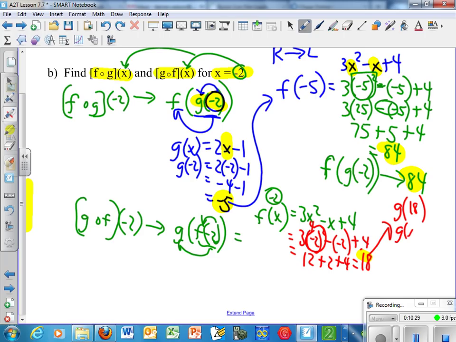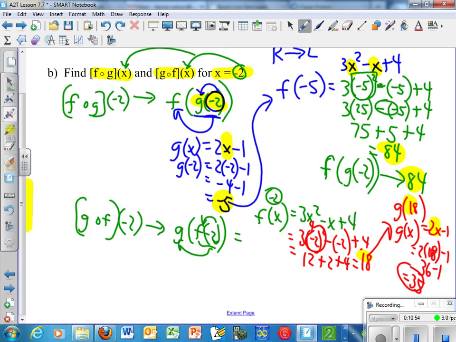So g of x, if we remember, was just 2x minus 1, a fairly simple expression. So now I'm finding g of 18, which means I want to plug 18 in for x. So it's 2 times 18 minus 1. 2 times 18 is 36. 36 minus 1 is 35.